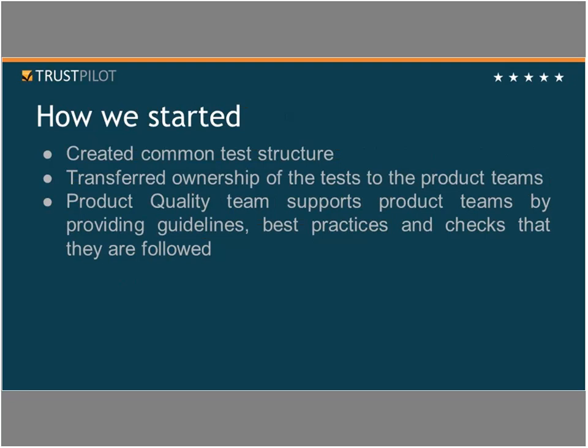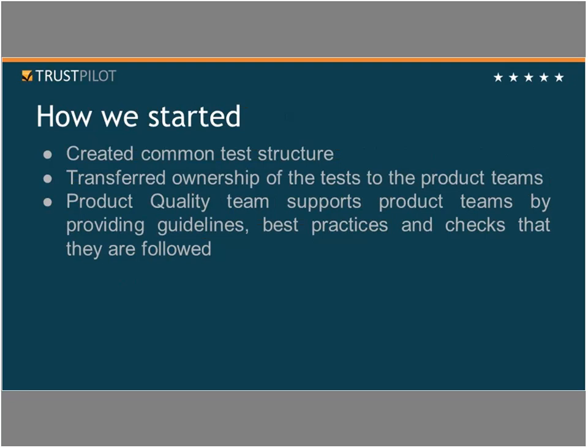We started by creating a few tests and checking how it works, and then we thought that we need to have a common test structure so that all the teams who work with Runscope understand it, it's scalable enough, and everybody who adds a new test knows this test structure.